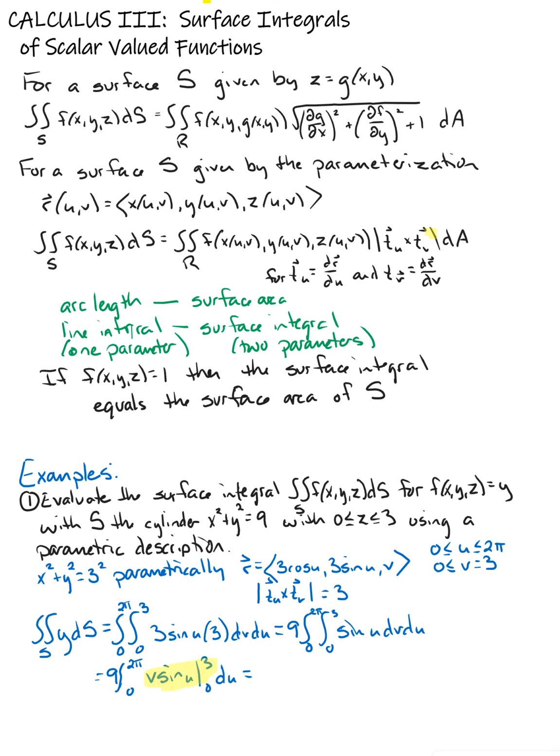This computation really isn't too bad. That gives us just 3 sine u. So we have 9 times the integral from 0 to 2 pi of 3 sine u minus 0 sine u, but that gives us just 3 sine u du. So all in all, that's 27 times the integral from 0 to 2 pi of sine of u du.